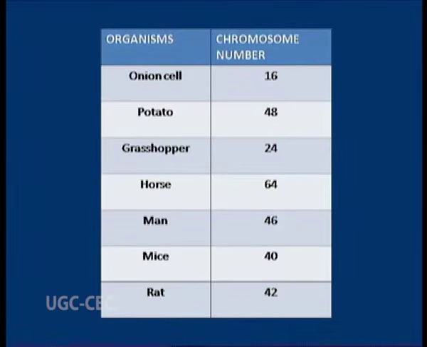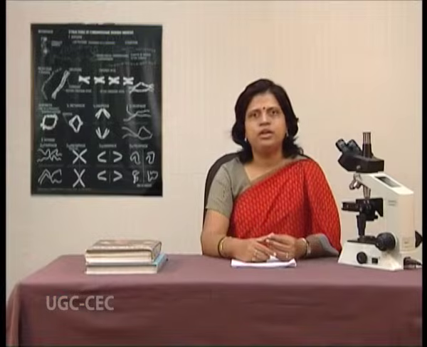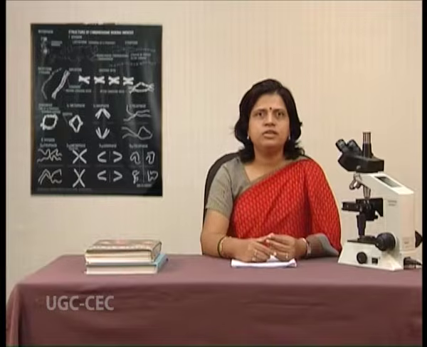For example, onion cell has 16 chromosomes, potato has 48, grasshopper has 24, horse cells have 64, man has 46, mice has 40 and rat has 42. Therefore, to keep the chromosome number constant, the reproductive cells of the parents divide by this reduction division called meiosis.